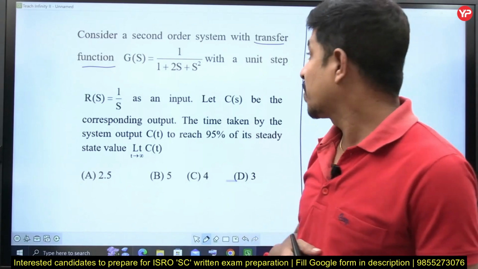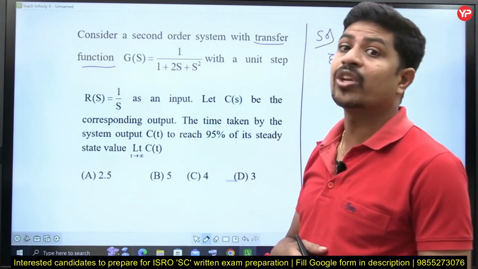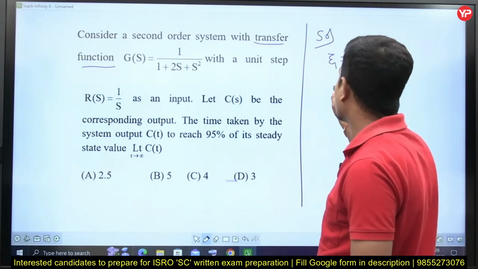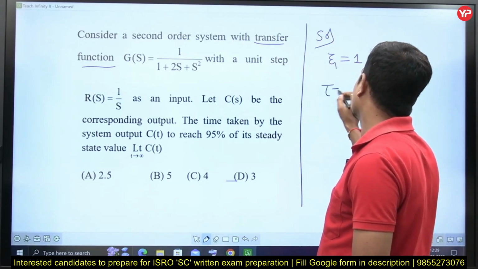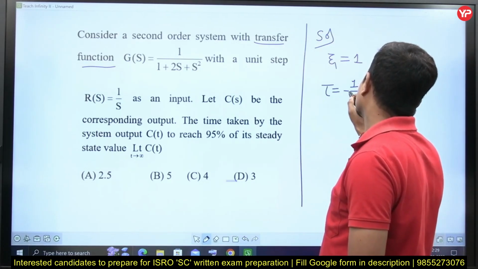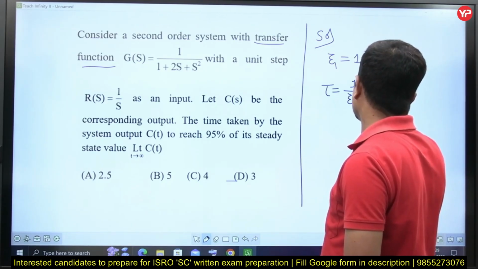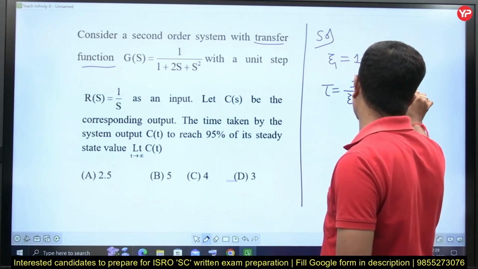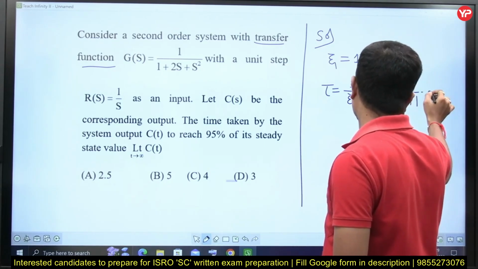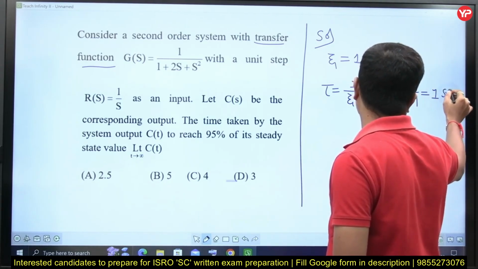It is asking for 95%. It is 3 tau, where tau is equal to 1 by zeta omega n, or very simply it is the reciprocal of the magnitude of the pole. Yes, it is 1 second simply.